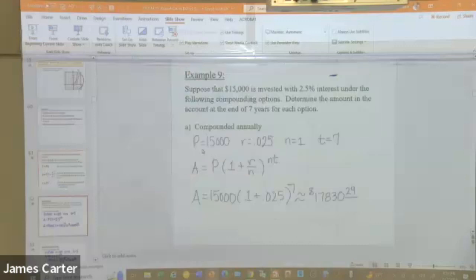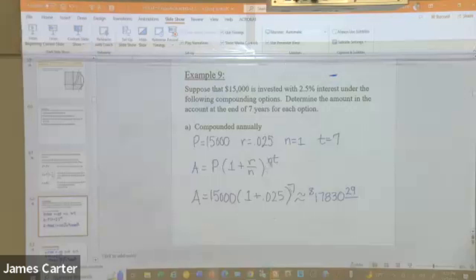Okay, here's an example. This one's compounded annually, and they want you to do it for all three options. Compounded annually, we're putting it in here. And why is this only 1?